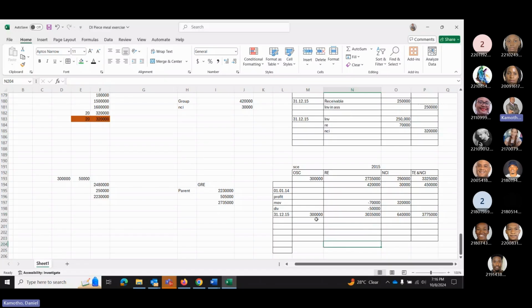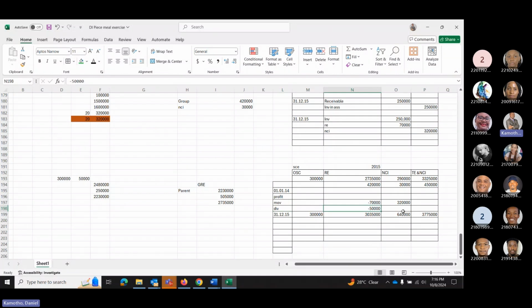This is something that we had forgotten, but we were given the information that there were dividends paid, and the dividend is what is paid from the parent. There was no dividend paid to non-controlling interest. If NCI had been paid, we would have recognized only the payment made to non-controlling interest. Any question?